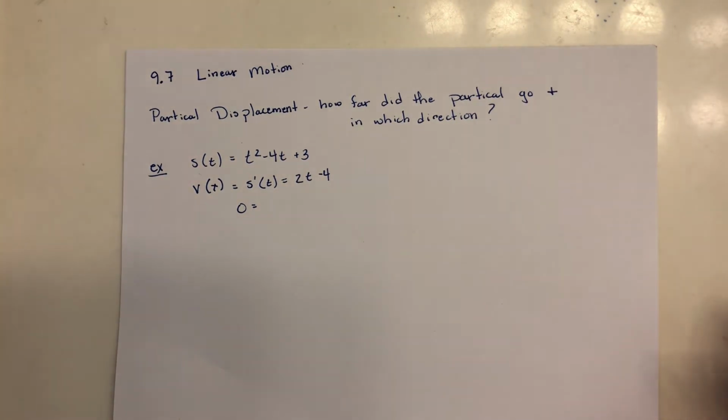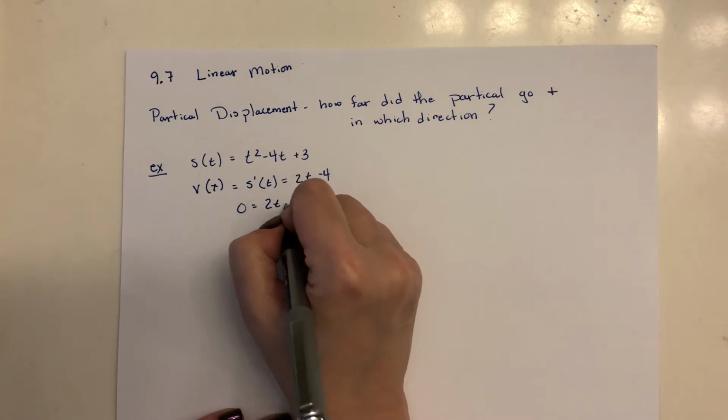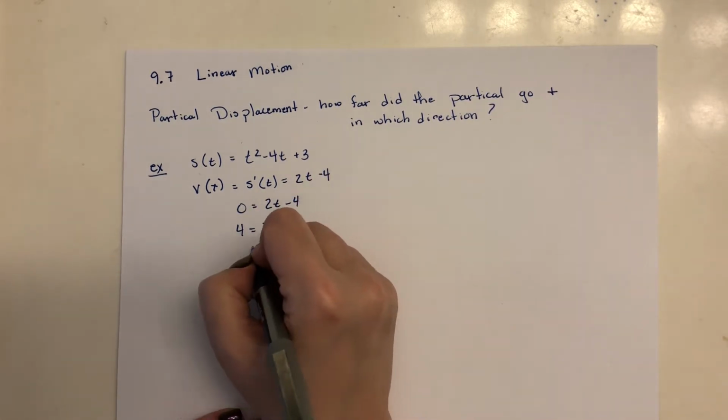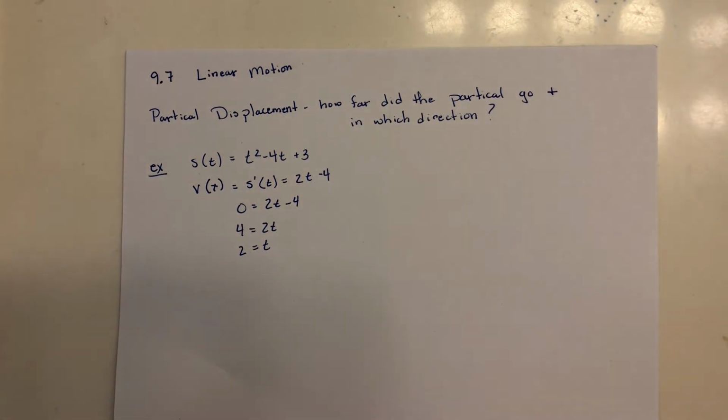And it's going to tell me, more importantly, where it stops. So I'm going to solve this out, and I find out that the time where my particle stops is at 2.